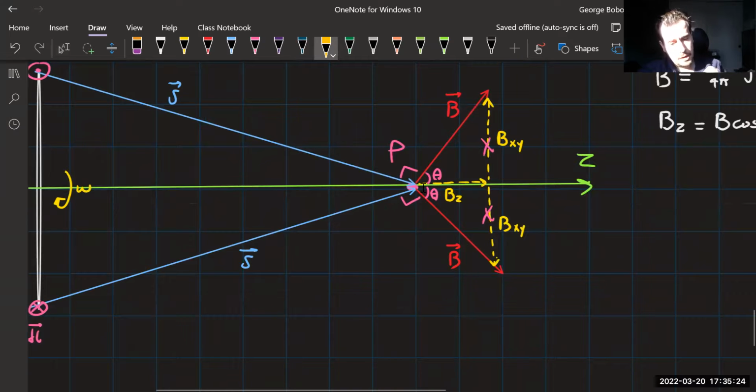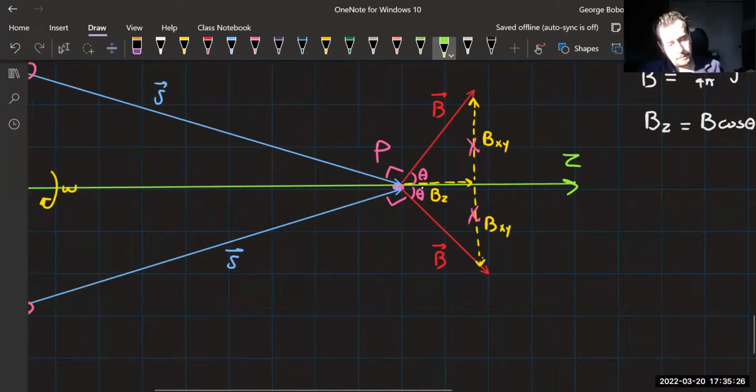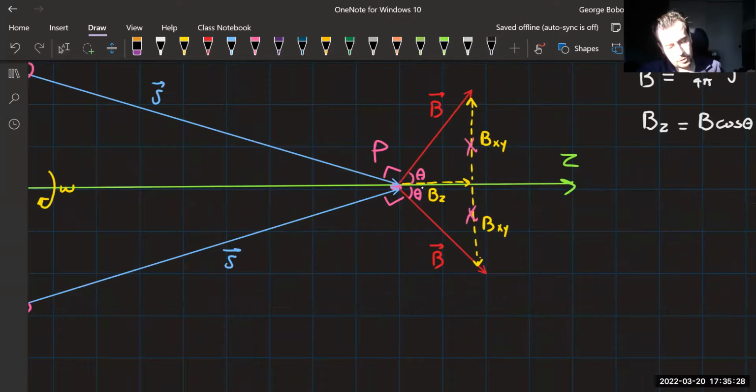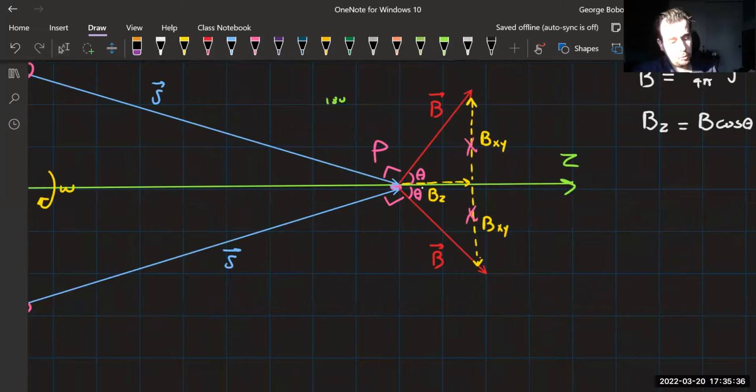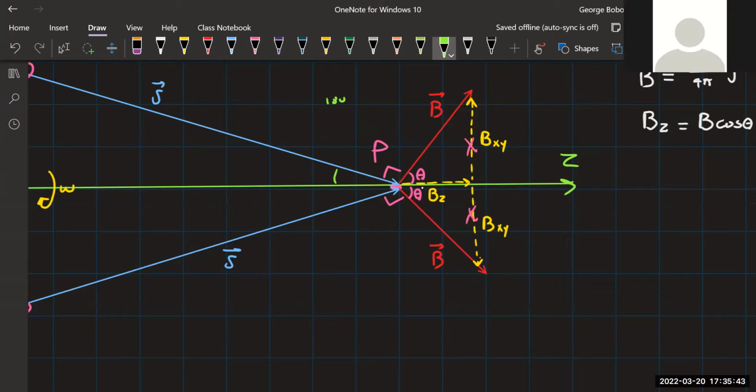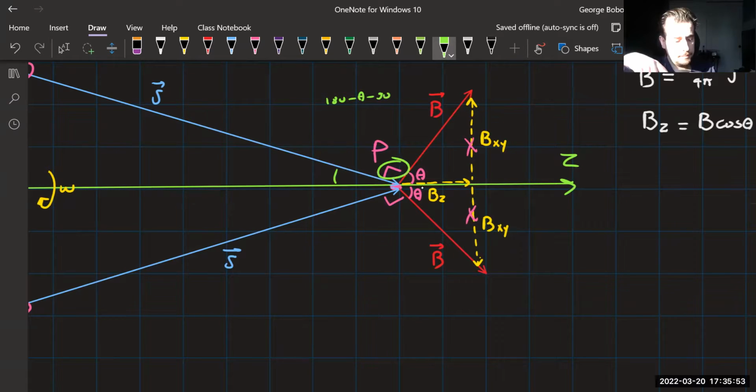Kelly again. What's the total angle here? Like if I go and circle this, what's the total? 180. Then what should this be? 180 minus theta minus the right angle, 90 degrees, right?